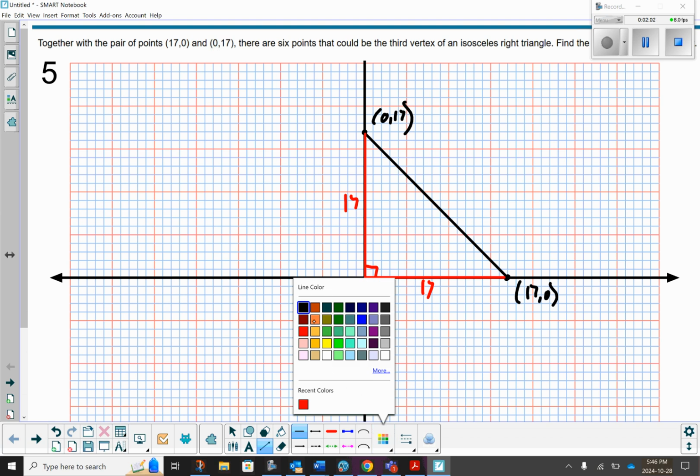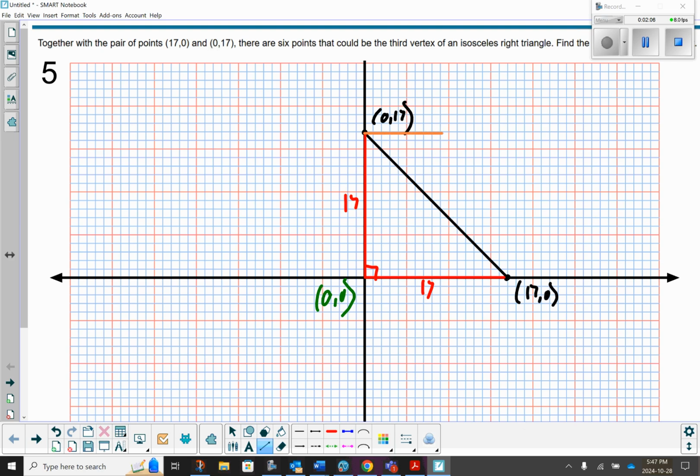Instead of going vertically from there, how about we go horizontally from this point and vertically from that one? So that would give us another. This is 17, that's 17, that's horizontal, vertical, those are perpendicular. So that'll be at the point (17, 17).